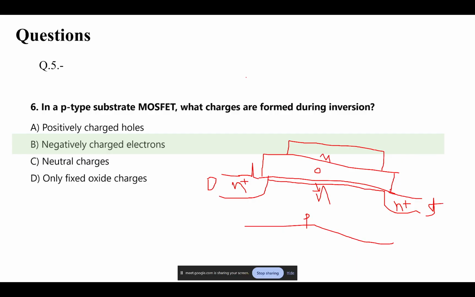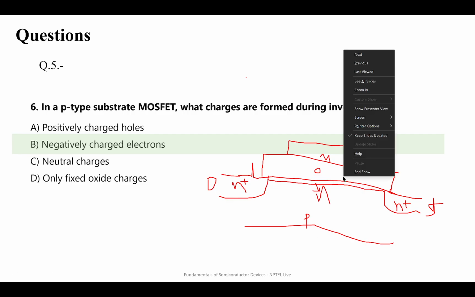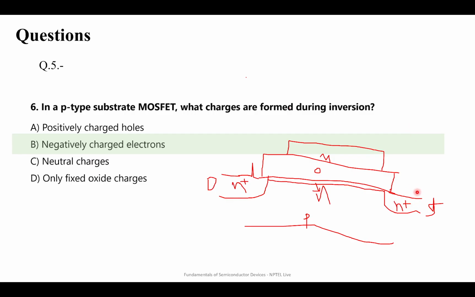So this part you understood, right? How a MOSFET works. I can understand MOS capacitance, how accumulation, inversion, depletion are formed. But what is the difference between MOSFET and MOS capacitor?